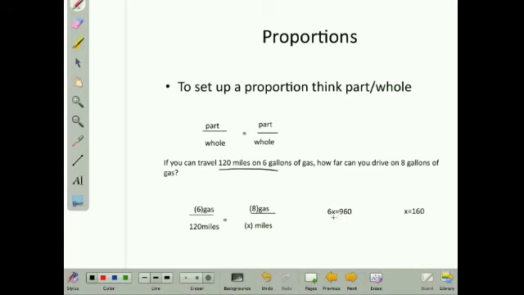And then finally, to solve for x, I'm going to divide both sides by 6. 960 divided by 6. 6 can go into 9 one time. 6 can go into 36 6 times. And I bring down another 0. So my answer is 160.